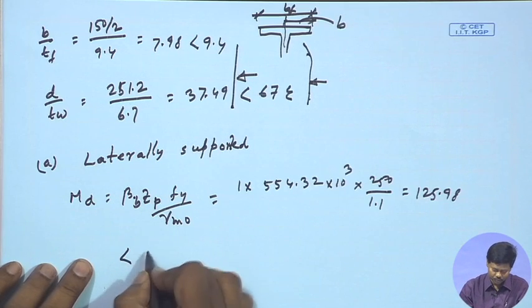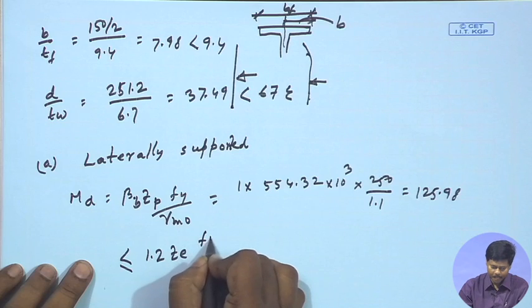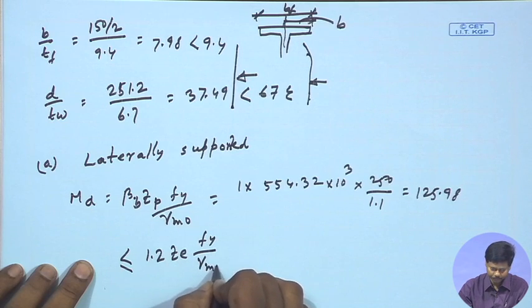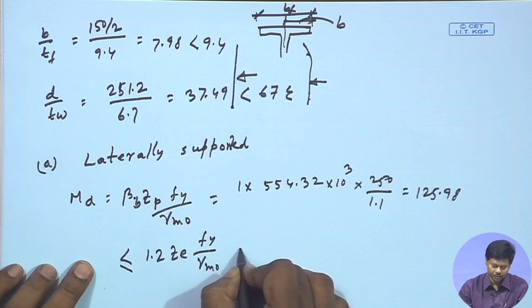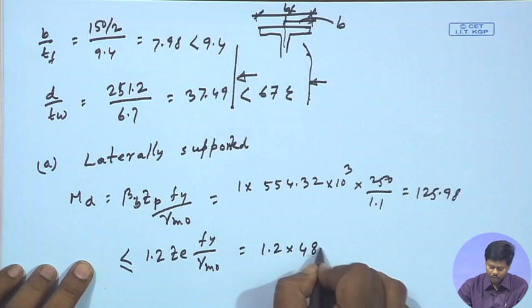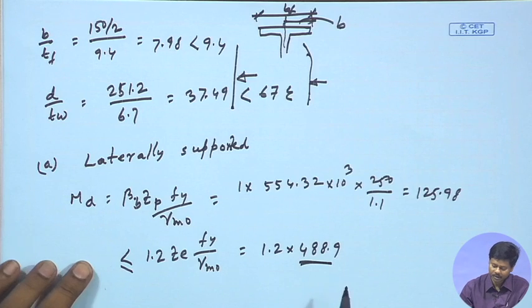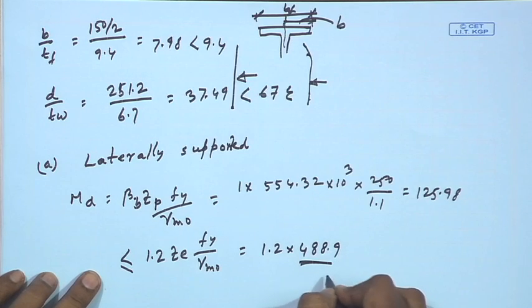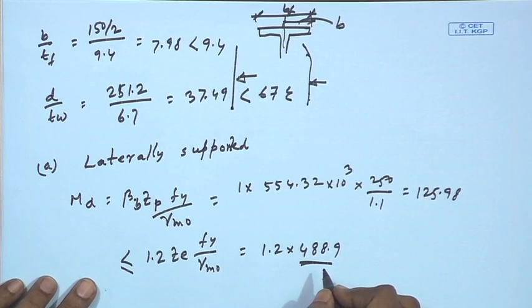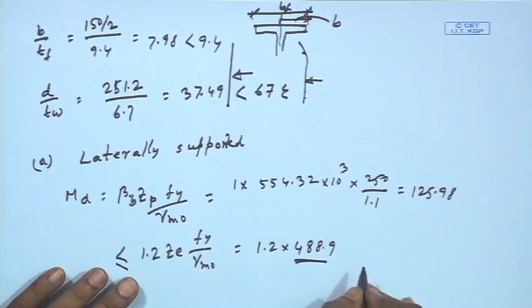It should in any case be less than or equal to 1.2 Zd Fy by gamma m0. So this becomes 1.2 into 488.9 Zd, the elastic section modulus, which we can find from SP6. Remember, the elastic section modulus can be found from SP6, but the plastic section modulus we have to find from IS 800 2007.